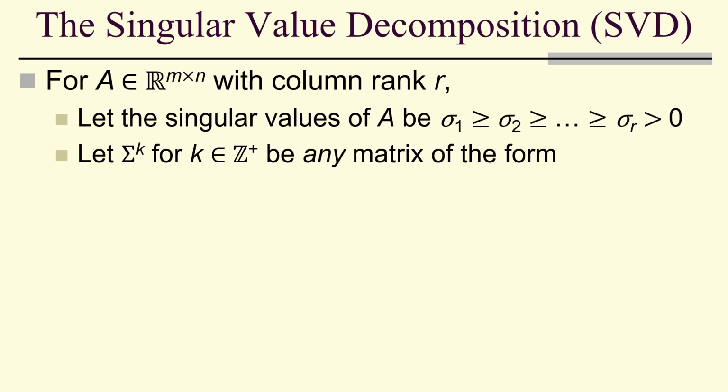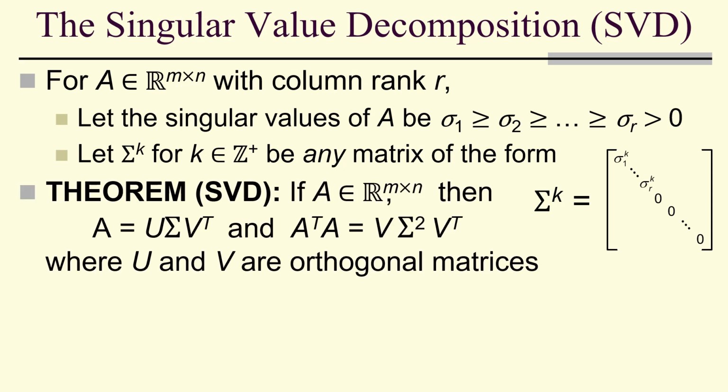And we're going to have a capital sigma to the k, for any positive integer k, actually denotes any matrix of this form. The first r entries on the diagonal are the sigmas to the k power, and everything else in the matrix is zeros.